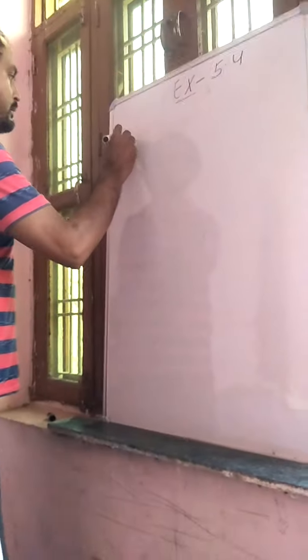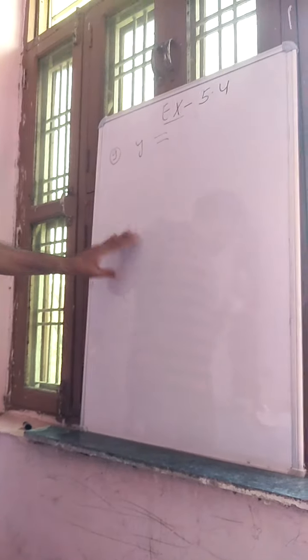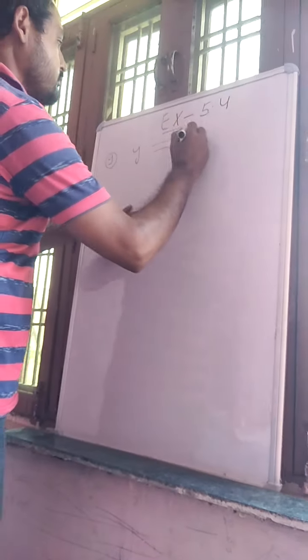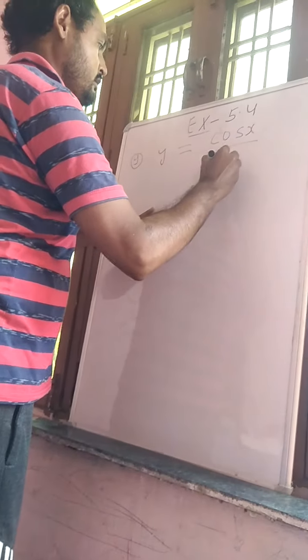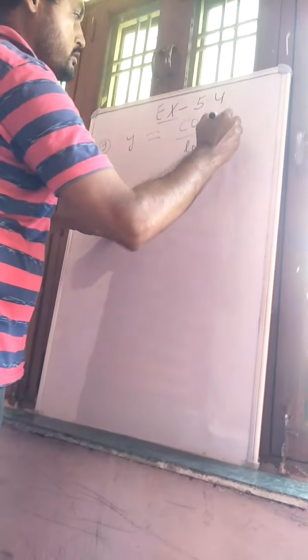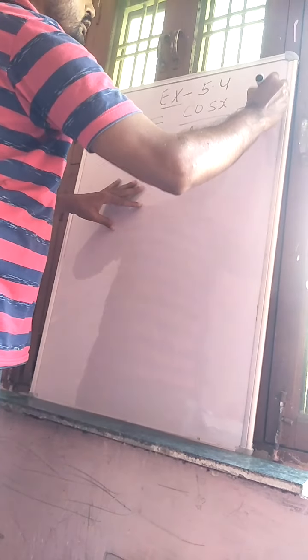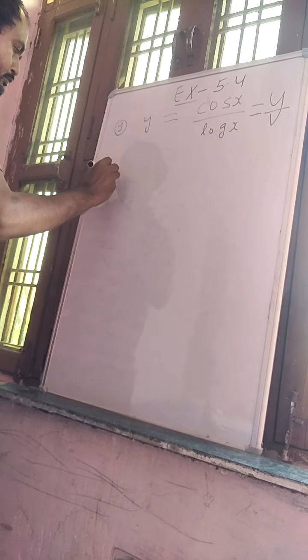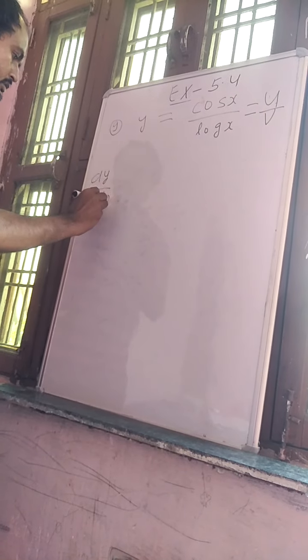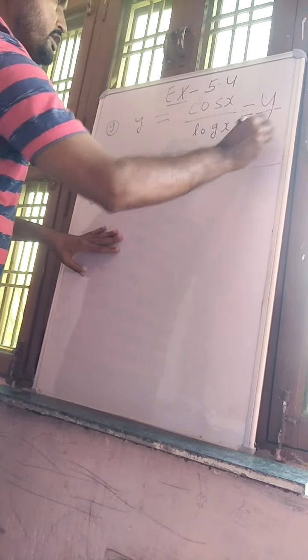9th. Here we have to write y. First, y equal to cos x upon log x. This is a division, u upon v. Formula is, first of all, we have to take dy by dx. This is LHS, and here we have to write v square.